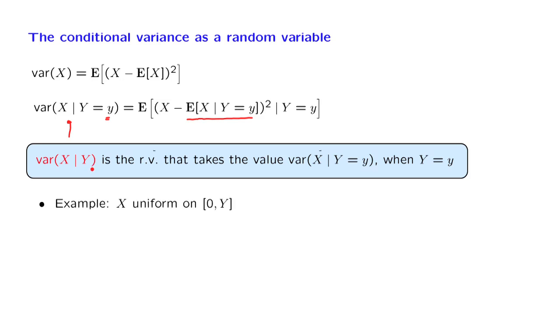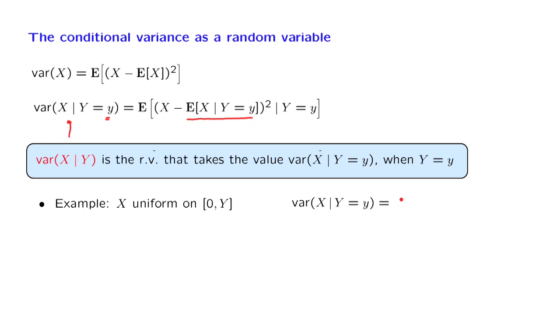Let us look at an example to make this more concrete. Suppose that Y is a random variable, we draw that random variable, and we're told that conditioned on the value of that random variable, X is going to be uniform on this particular interval from 0 to y. So if I tell you that capital Y takes on a specific numerical value, then the random variable X is uniform on the interval from 0 to little y.